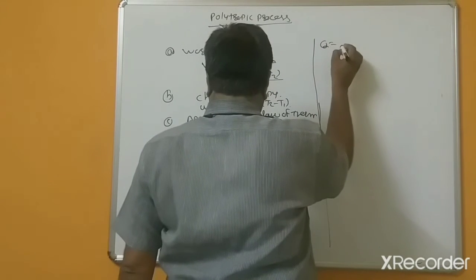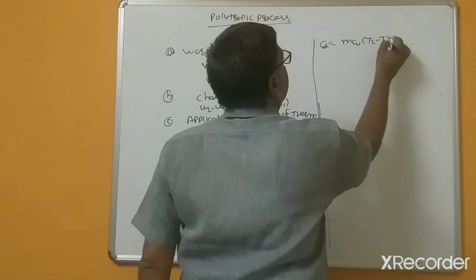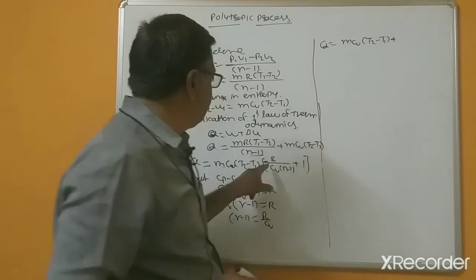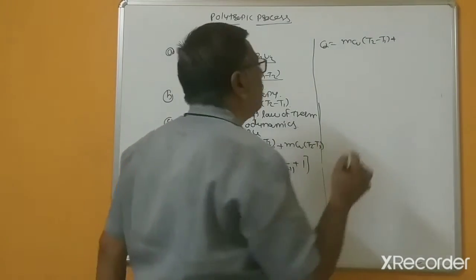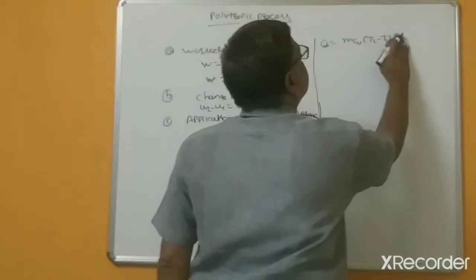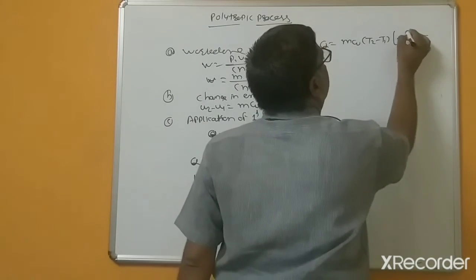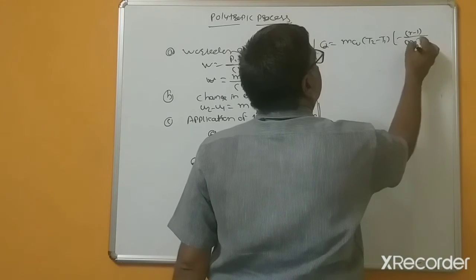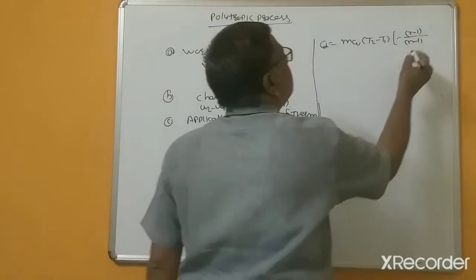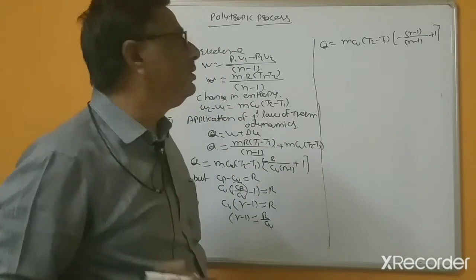Now put gamma in these equations. Q equal to mCv (T2 minus T1) plus, this is in bracket, negative (gamma minus 1) divided by (n minus 1), and this is plus 1, right?